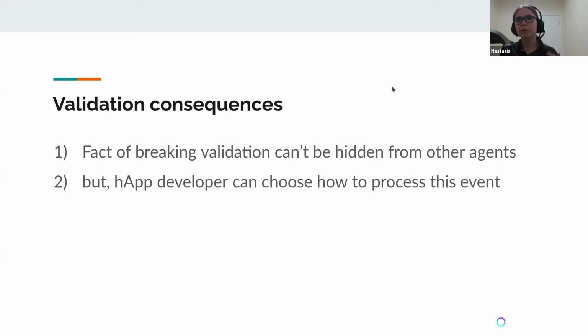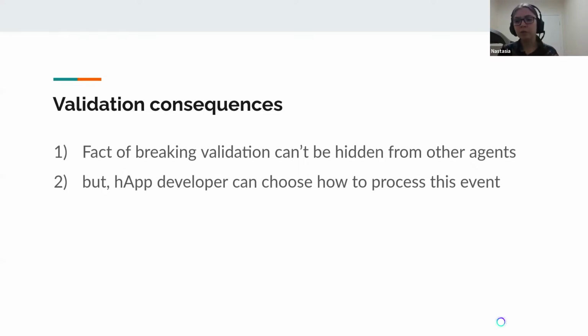So with validation rules, we have the following consequences. First one is that in a Holochain application, you cannot actually hide the fact of breaking a validation rule from other agents. They would be able to know this. They would have access to this data regardless of your application design.